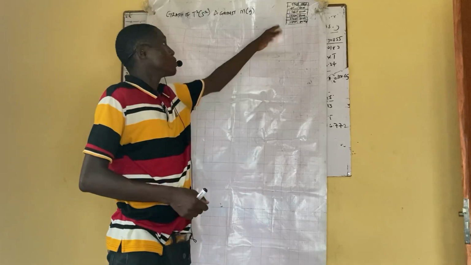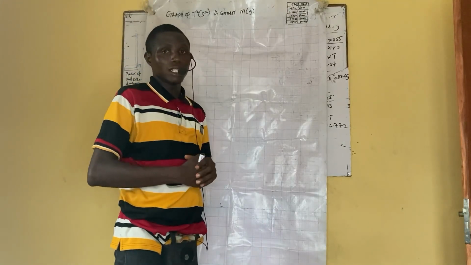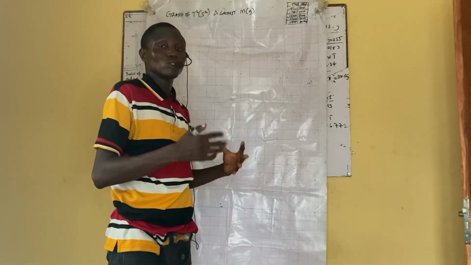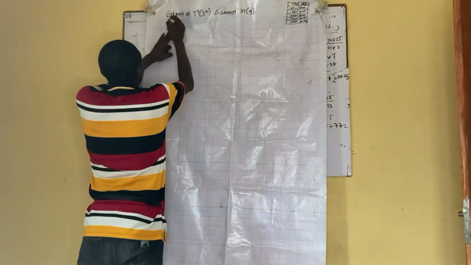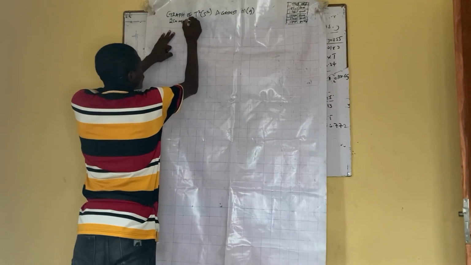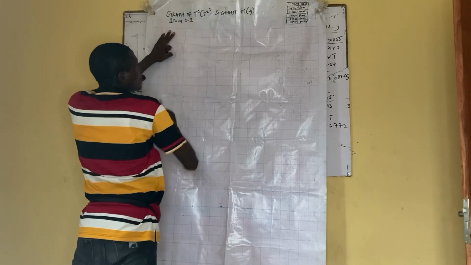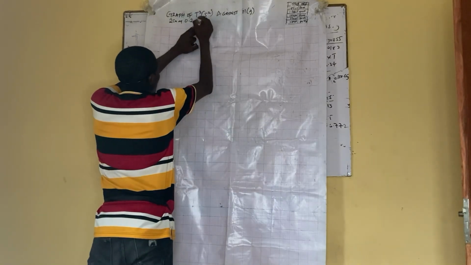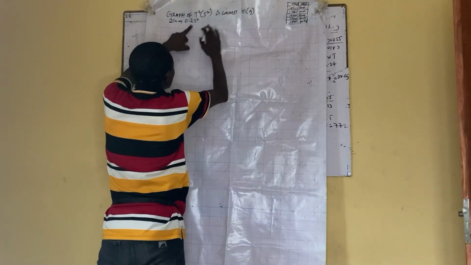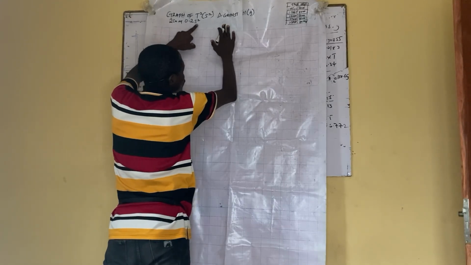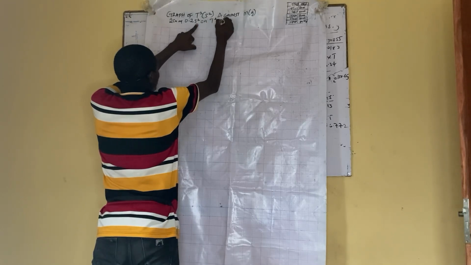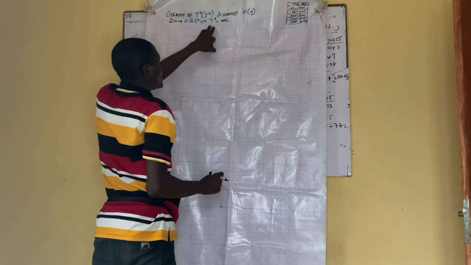So if I use 0.1, I will not get 1.79. So I will use 0.2. Now what do I mean by that? My scale will be 2 centimeters represent 0.2 s square on the period square axis, because the vertical axis is now the period square axis.